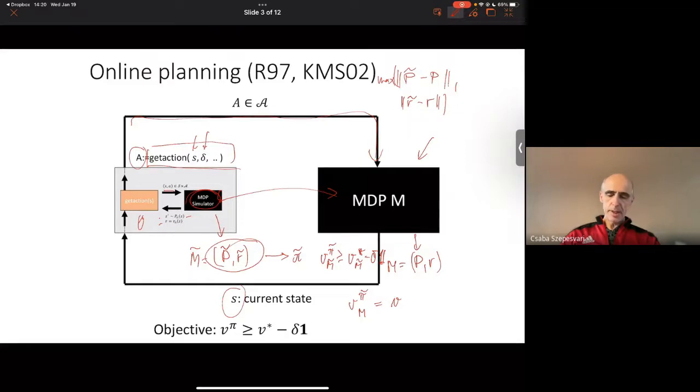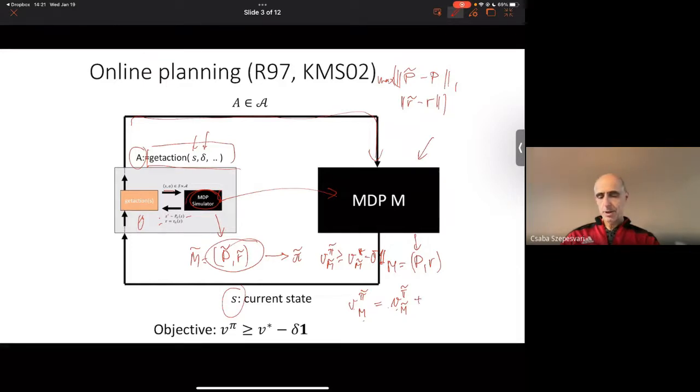If you have a simple enough policy, then a lot of times what you can do is relate, for any policy, the values in two MDPs. So you want to translate this to M tilde. You can write that the value of policy pi tilde in M is, well, we wish it was the value of policy pi tilde in M tilde, but it's not.